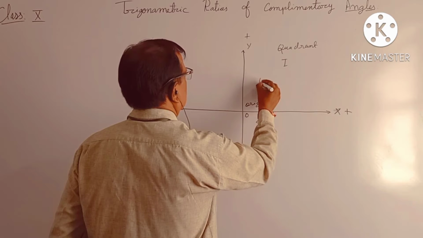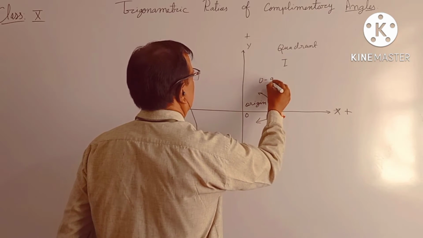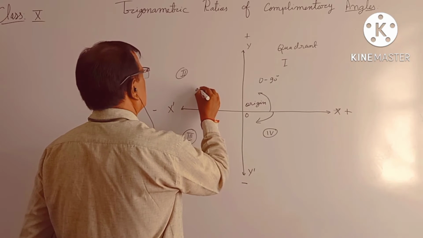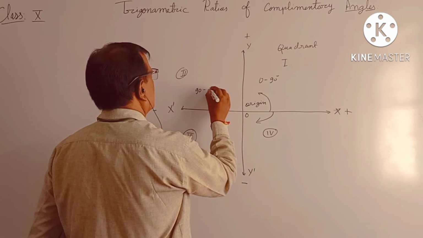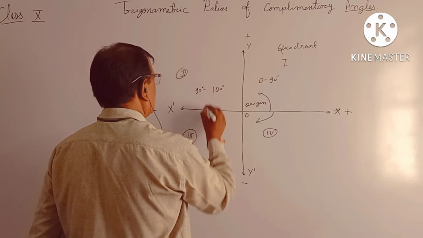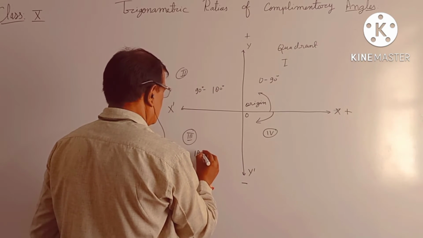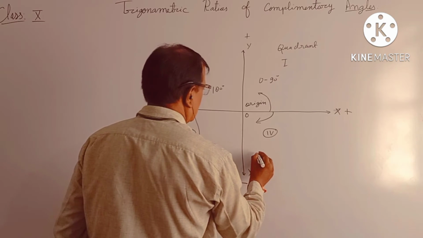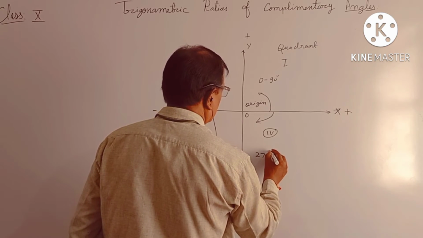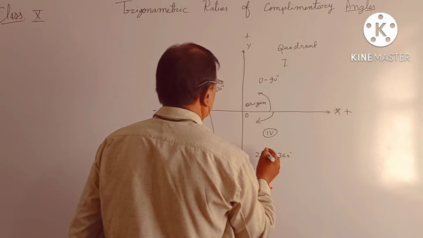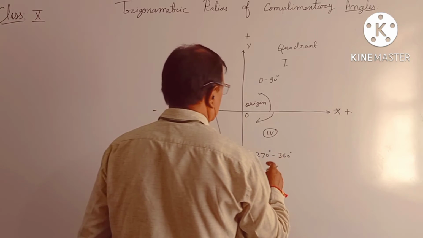Now it is 0 to 90 degrees, then 90 to 180 degrees, then 180 to 270 degrees, and then 270 to 360 degrees. This way it completes one round.